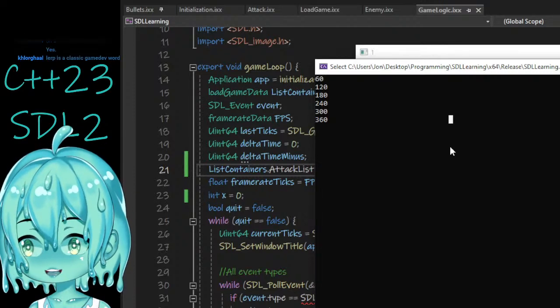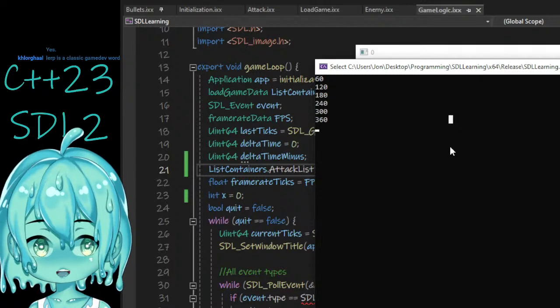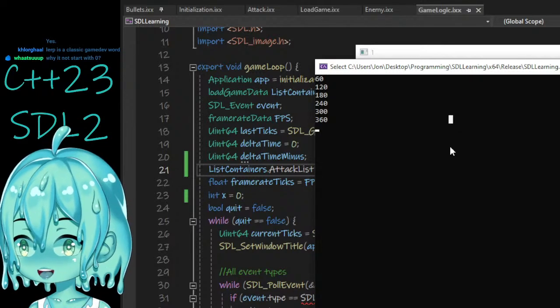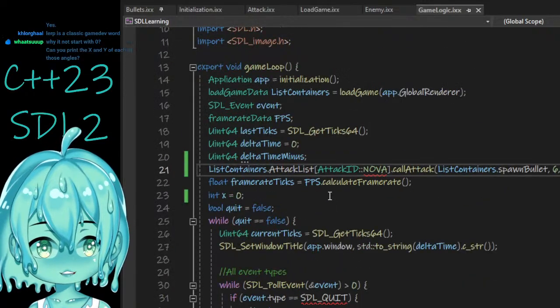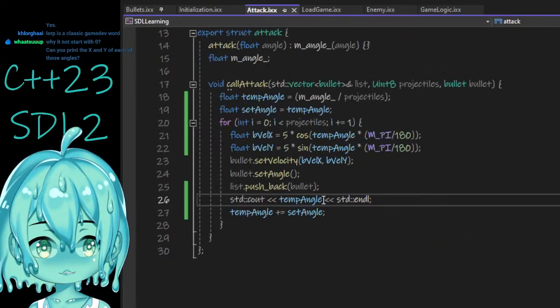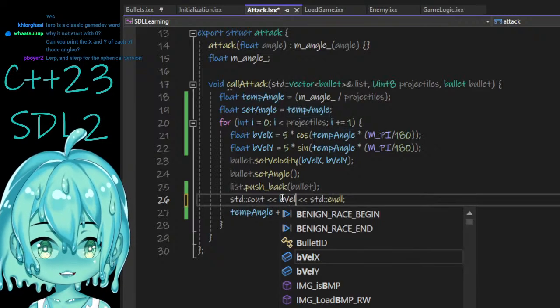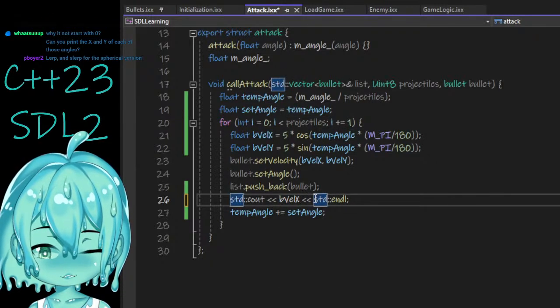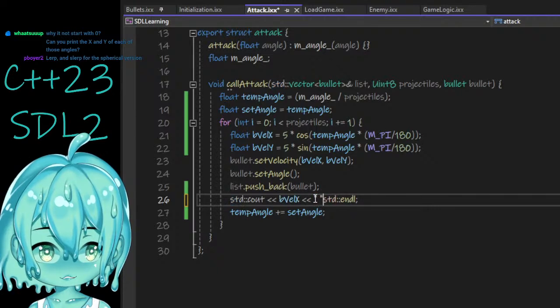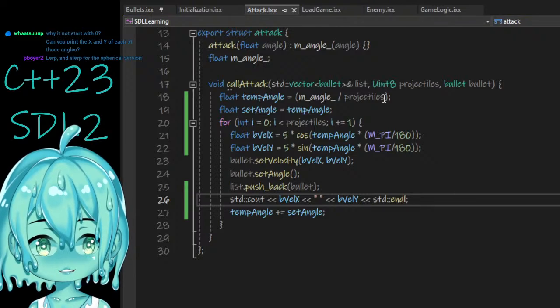Now, to be fair, it may render differently because this is only the angle that we have set it. In fact, let's do this. Instead of printing out temp angle, let's print out B velocity X and then space B velocity Y. And then let's see what prints.